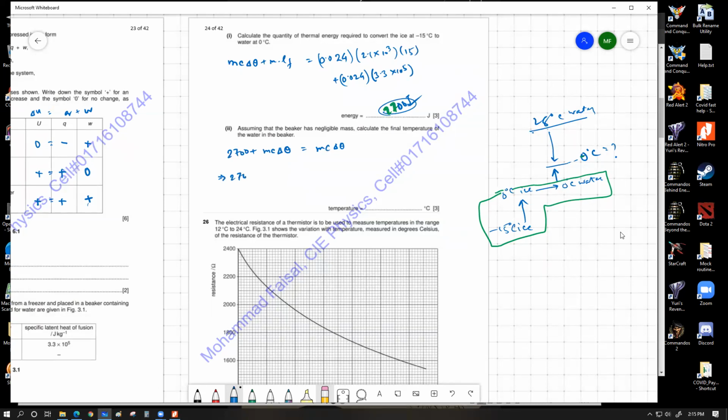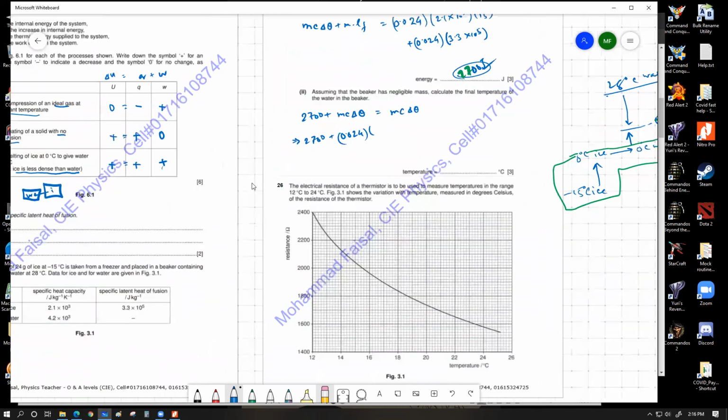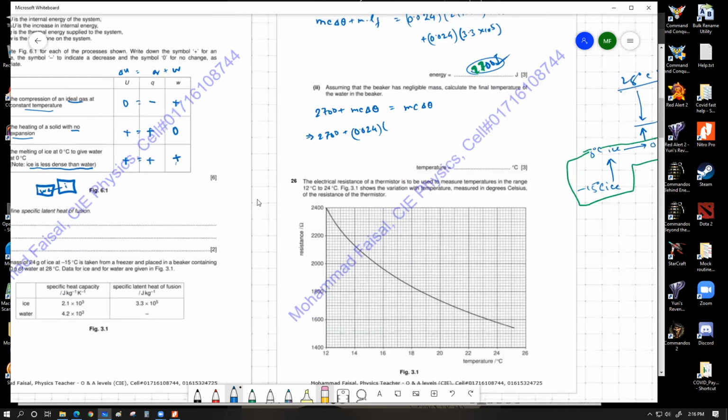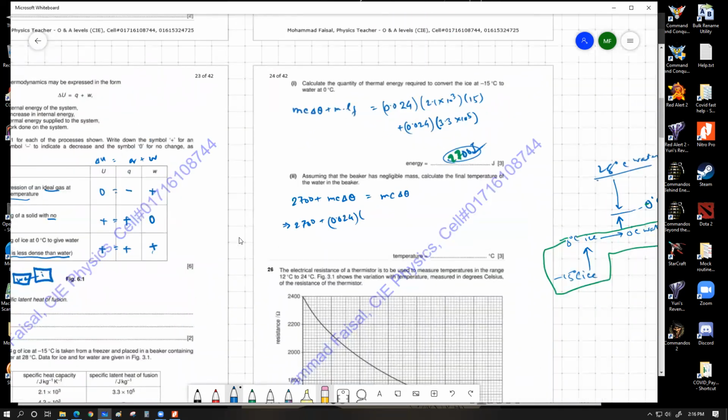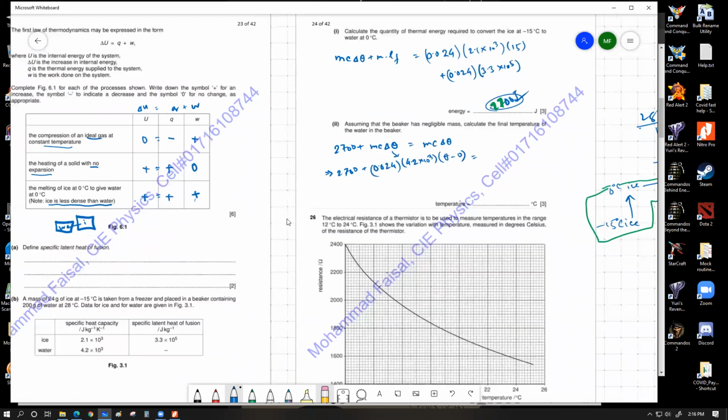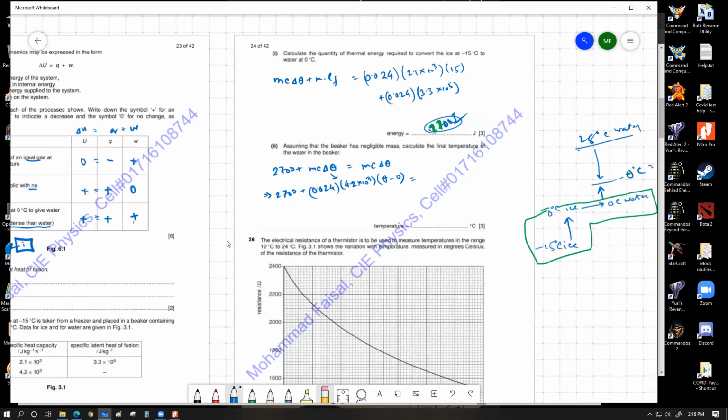Which is going to give us 2700 plus 0.024 into water has a specific heat capacity of 4.2 into 10⁻³, into theta minus 0. This is the mc delta theta for this one, which should be equals to the beaker water 200 gram, that is 0.200.